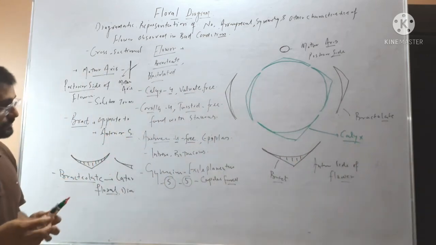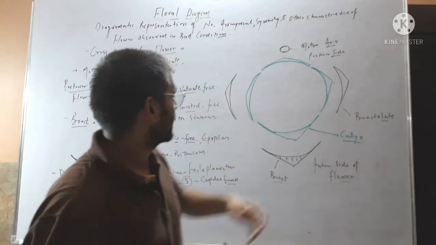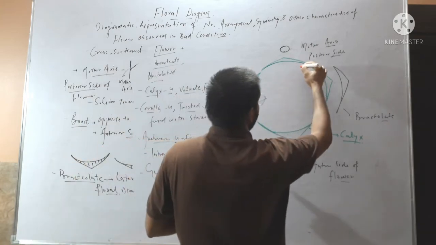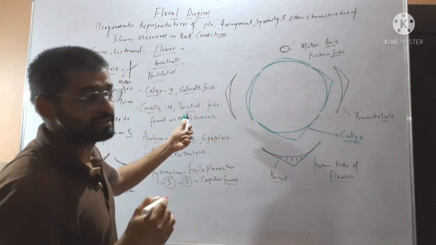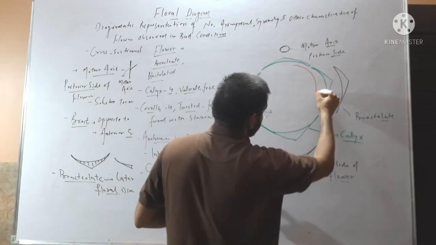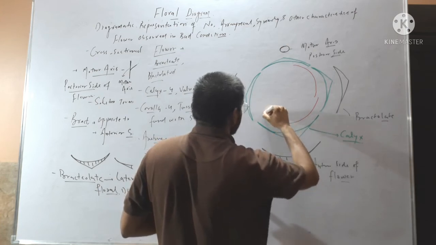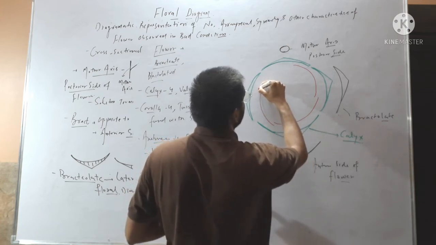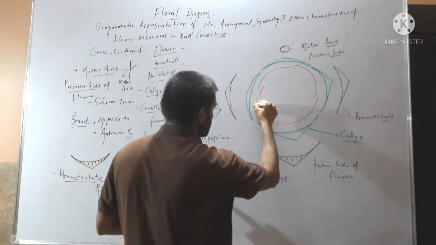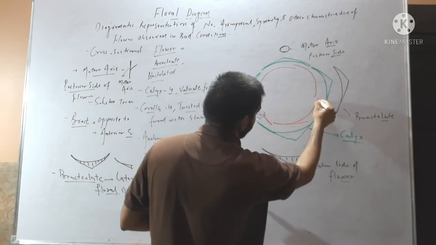In case of corolla, the circle of corolla will be drawn inside the calyx, with 4 petals. And here estivation is twisted, means they are overlapping with each other, like this. And they are free.